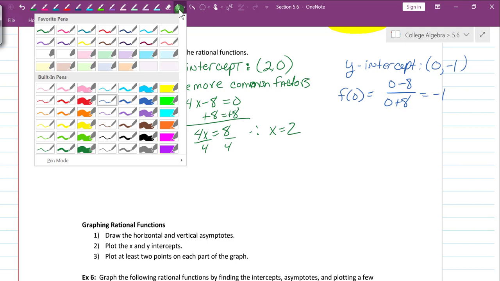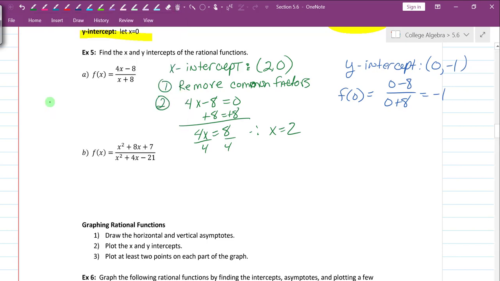So for part B, we're first going to find the x-intercept. And that's going to be a point (something, 0). The first thing I have to do is remove any common factors. So I want to put my numerator in factored form. I'm going to end up with x and x.